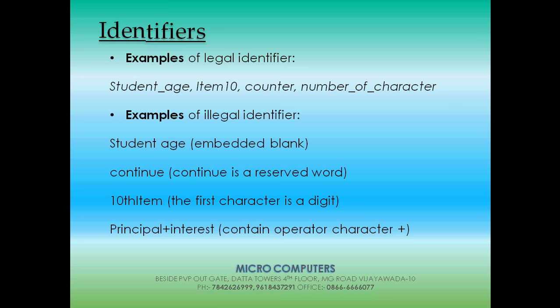And in illegal identifiers, as I said, we should not have a space, so it's an illegal identifier. And continue is a reserved keyword. And 10th term should not start with a digit, so it's an illegal identifier. In principal plus interest, a special character is given, so it's an illegal identifier.